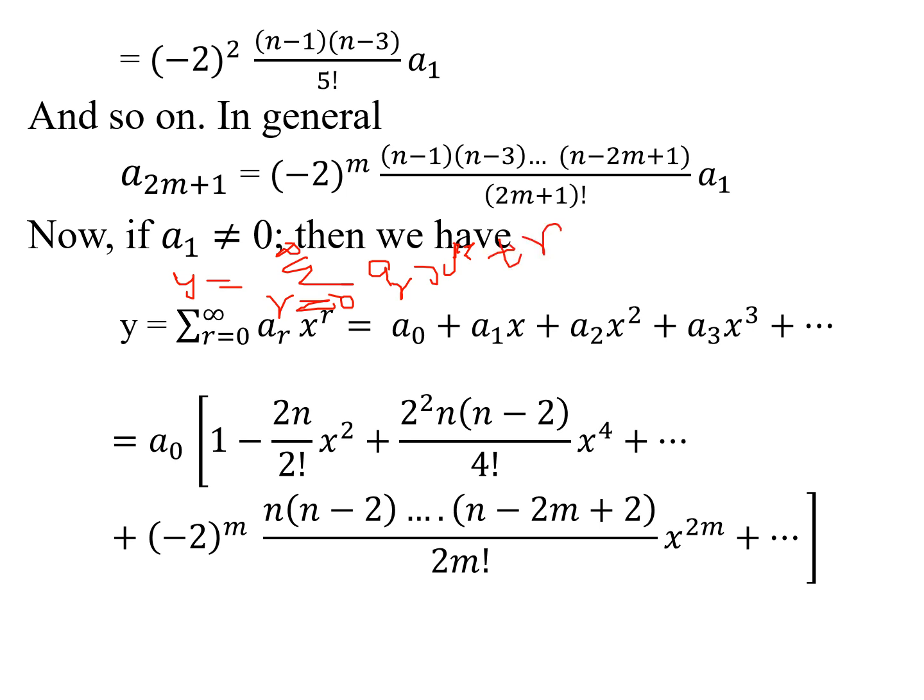Putting k is equal to 0, x power r. Therefore, put r is equal to 0, a naught x power 0 means 1, and if r is equal to 1 means a1 x, r is equal to 2 means a2 x squared plus etc.